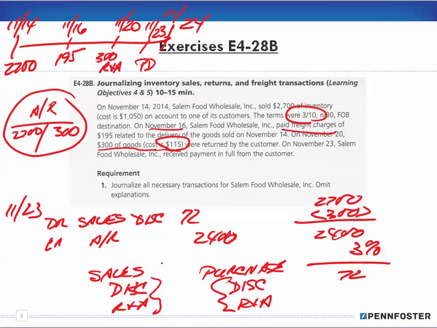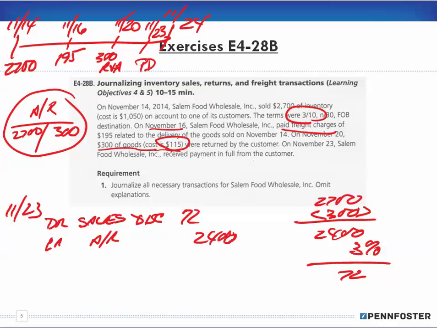They have more of a tendency to use them for sales, to be able to track their sales. But when it comes to purchases, it's a 50-50 kind of thing. A lot of times, I just want to know the bottom line of whatever I paid for something. I don't need to track my discounts and stuff like that, or my returns and allowances, but they do have a tendency to pay a lot more attention to the sales aspect of it. So that's just a quick FYI. In the real world, you'll see the use of discounts and returns and allowances on the sales side more than on the purchase side.